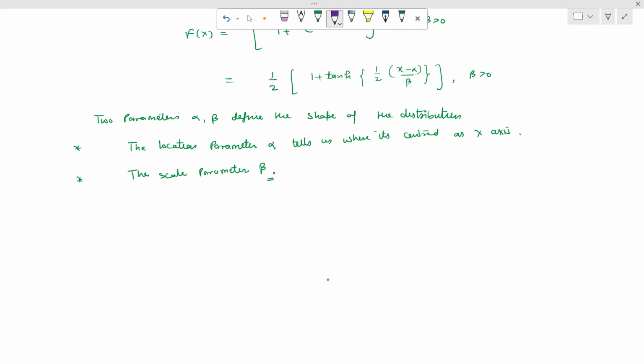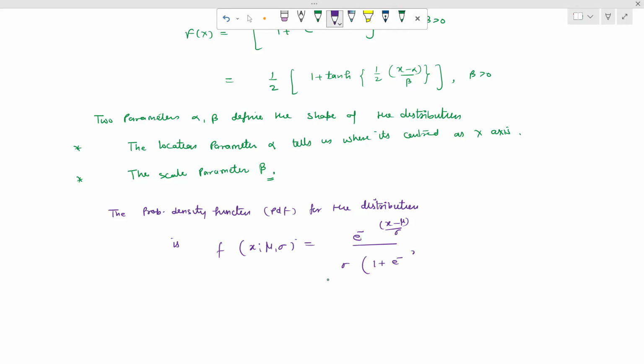अब इसके बाद हम लिखते हैं इसका probability density function. So the probability density function, in short PDF, for the distribution is e raised to the power minus (x minus mu upon sigma) upon 1 plus e raised to the power minus (x minus mu upon sigma) whole square, where the random variable x lies between minus infinity and plus infinity.